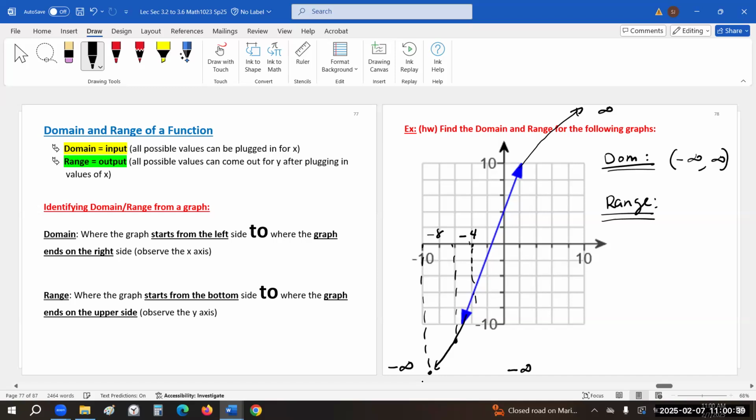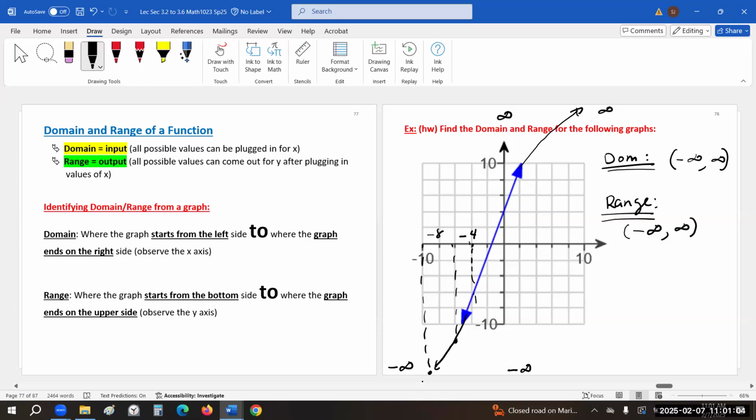So what is the smallest y value we are going to get? Negative infinity. And as the line goes upward, what is happening to the y values? Positive infinity. So our range has the same interval from negative infinity to positive infinity.